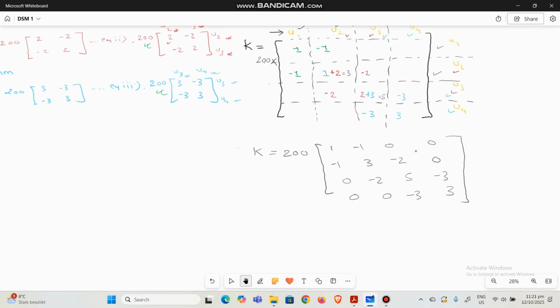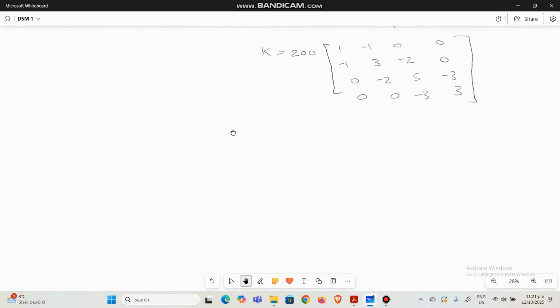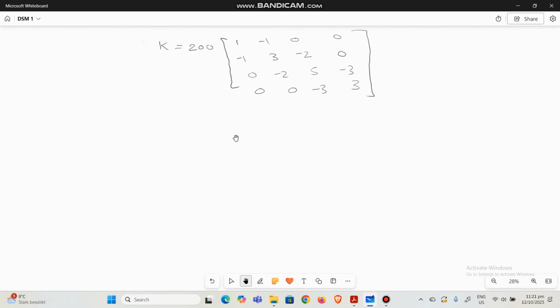Okay, now finally we solve these equations. Now we know that we have to use force F equals KU, right? So we already have the force vector from previous writings.